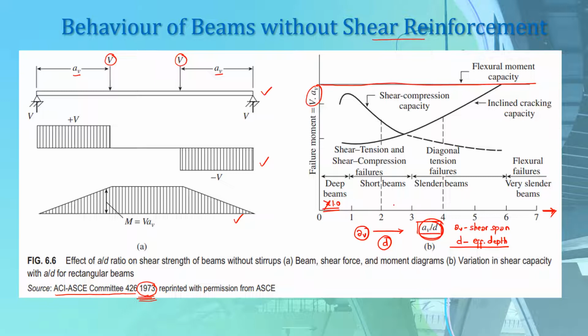Then we study short beams, whose ratio a_v by d is generally greater than 1 but less than 2.5. For slender beams, the a_v by d ratio is generally greater than 2.5 but less than 6. And for very slender beams, the ratio a_v by d is generally greater than 6.